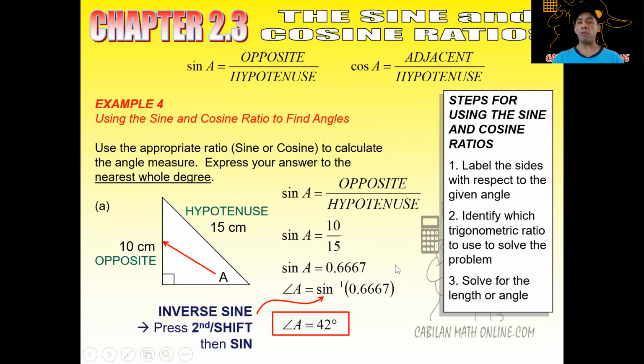In fact, it'll be a more accurate answer in the end. That's just a piece of advice if you want to shorten the number of steps. At the same time, like I said, this is just rounded to 4 decimal places. What your calculator does, if you do the 10 divided by 15 inside the brackets on its own, is it does all that for you.